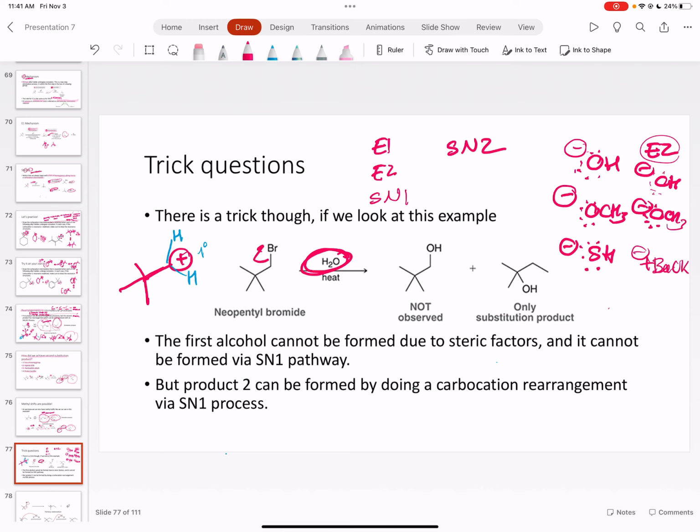And with E1 and SN1, they are normally in a combination. So if you have E1, there's a probability of having SN1. It just depends on the situation. And E1 and SN1, they're stable. They don't have a negative charge. They don't have any positive charges. So we can have things like this.